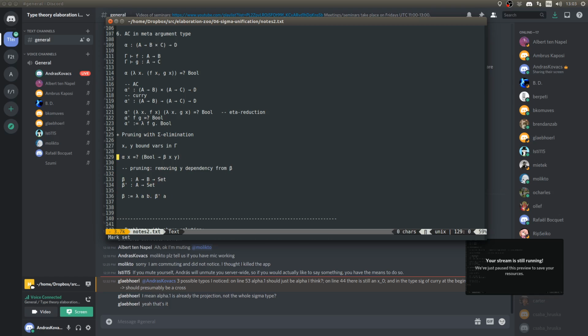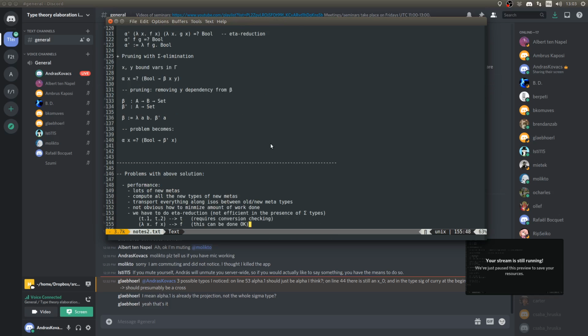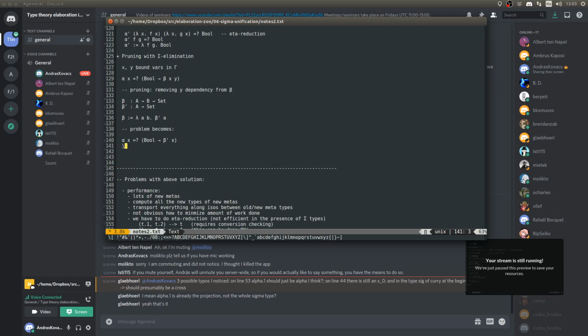Okay, and now we have this transformation of the problem again. So the problem becomes this. And now this is solvable. So now I can just do the usual thing. Okay, so here we have this pruning.